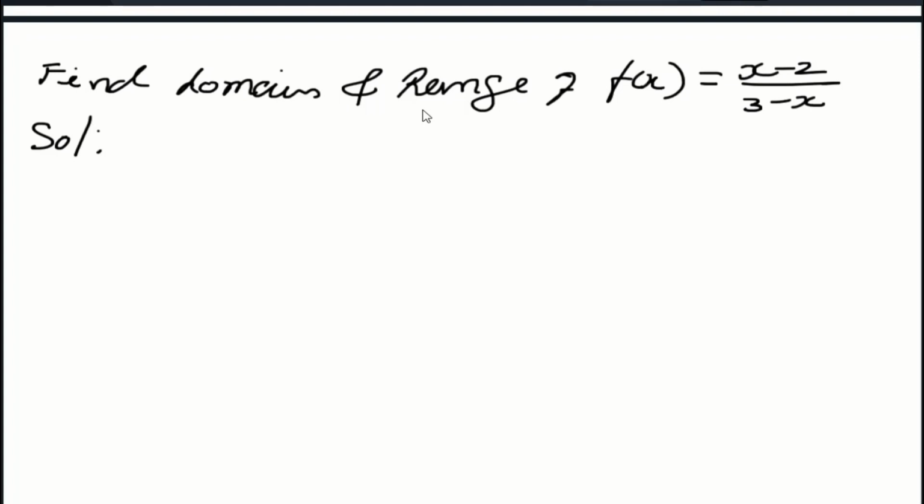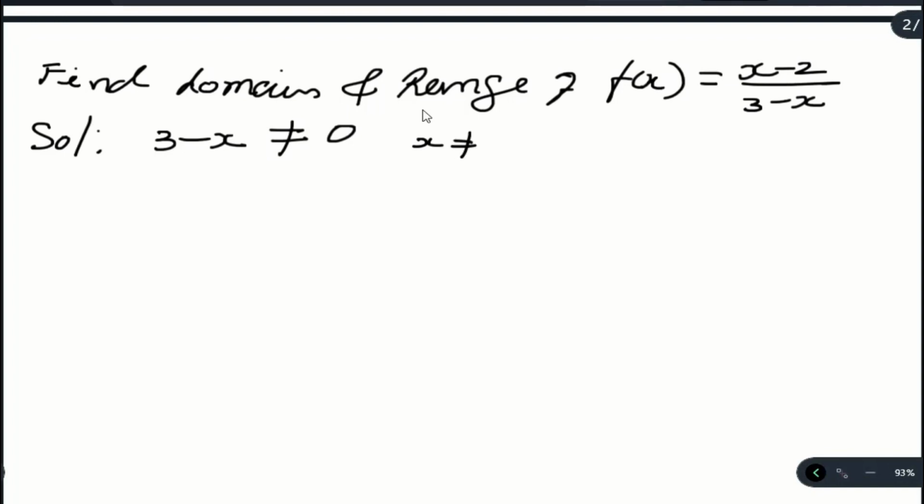But the denominator 3 minus x should not be equal to 0. It can be negative, it can be positive, but it cannot take 0 as the value. So x cannot be equal to 3. So what is the domain here? The domain is the set of all real numbers except 3.